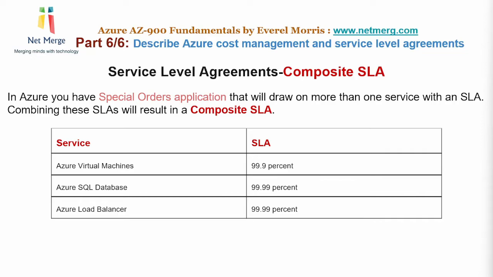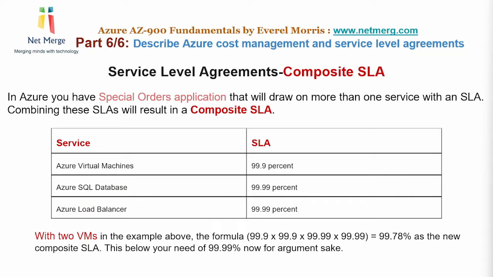We're going to be talking about composite SLA when you're combining two SLAs and how it works. So we're going to look at the two scenarios that we put into the pricing calculator before to get a trivial price. What happened is we put two virtual machines. So this is the formula.